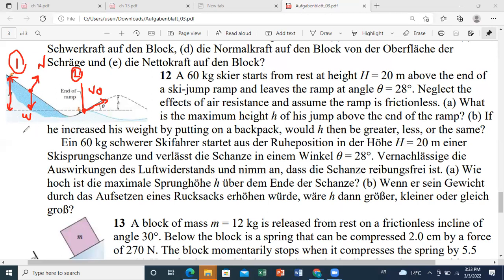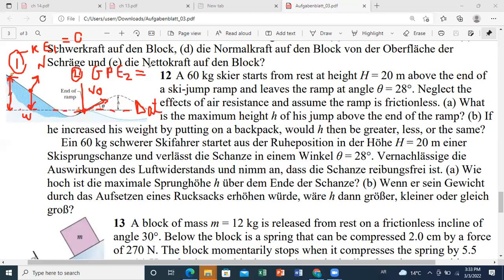So we have conservation of mechanical energy. At point 1, the kinetic energy KE1 is 0 because we start from rest. At point 2, this is my datum line, my reference line, so the gravitational potential energy at point 2 is equal to 0.